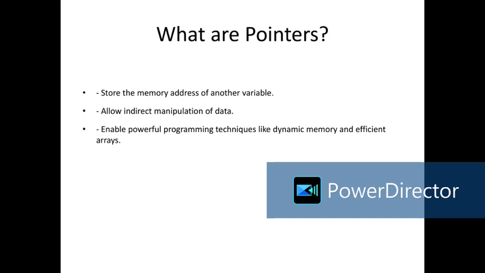What are pointers? A pointer is a variable that stores the memory address of another variable. So instead of storing a value like 10, a pointer stores the location where the 10 lies. Why is this useful? Imagine being able to access and modify data without knowing its name, just its address. This gives you tremendous flexibility in coding.